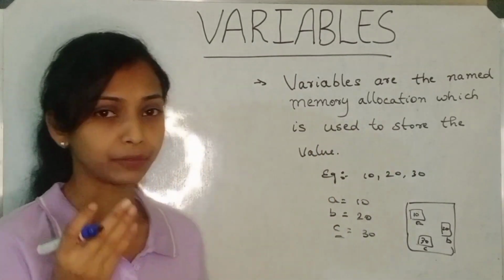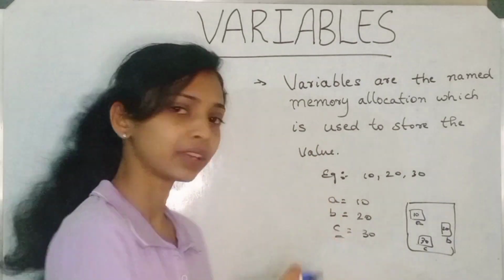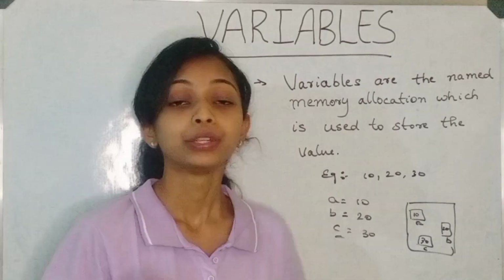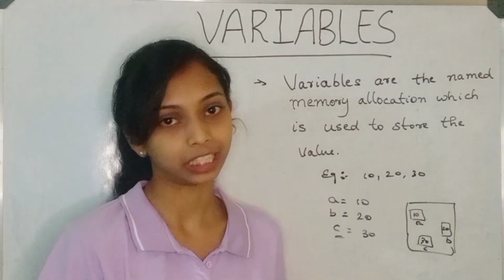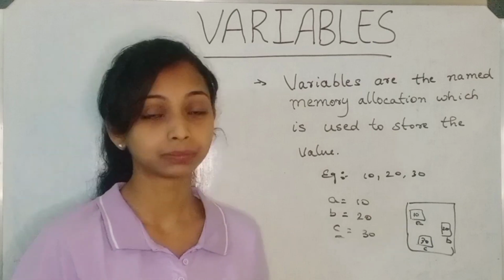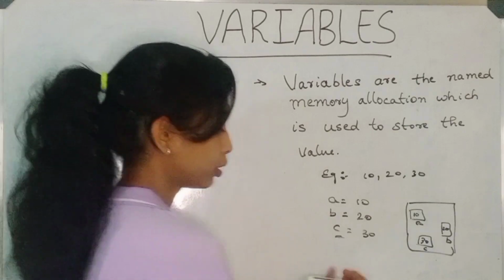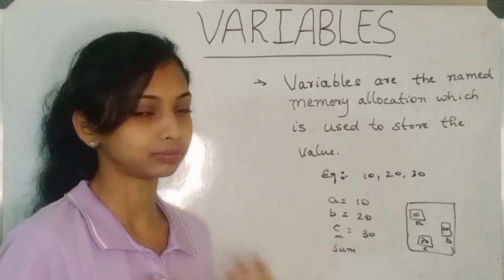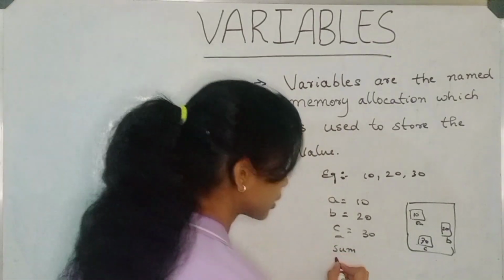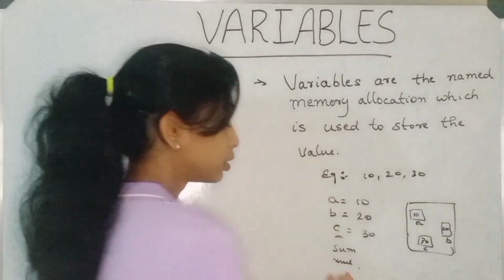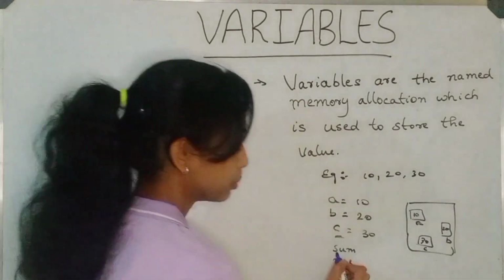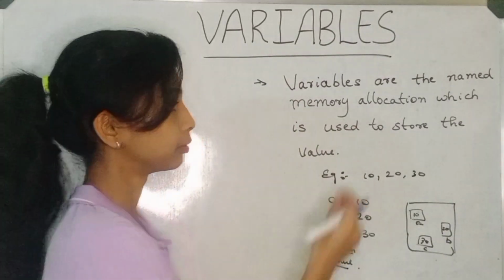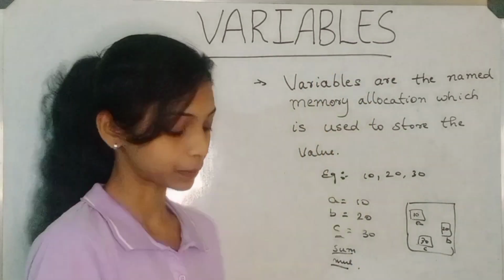And next, can we only have these A, B, C variable names? Definitely no. You can give some meaningful names. If you want to perform some addition, you can use it as sum. If you want to perform some multiplication, you can use it as mul. These variable names are also valid while writing variable names.